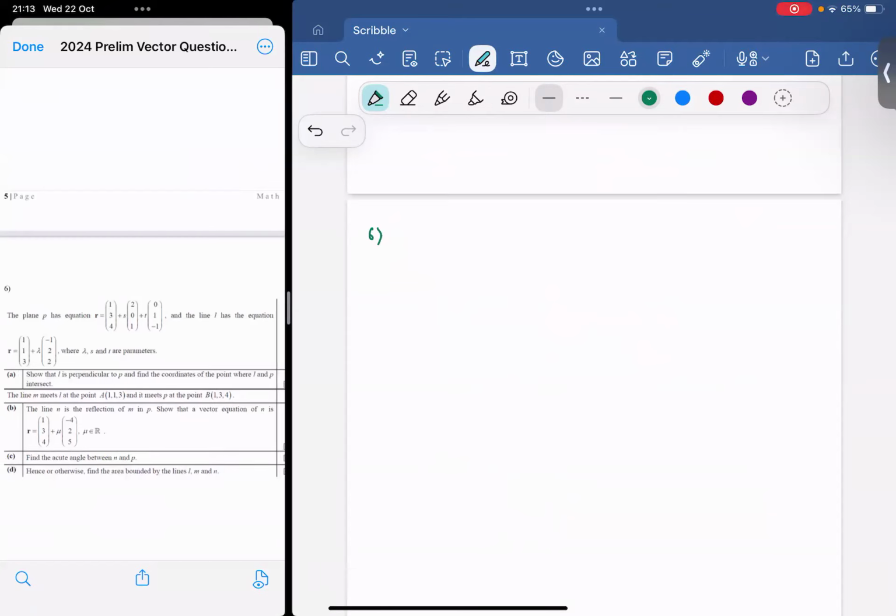Question 6. The plane P has this equation, which is the most useless form that you will have. Then you have the line.